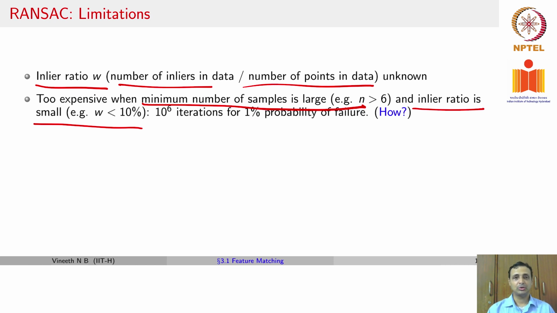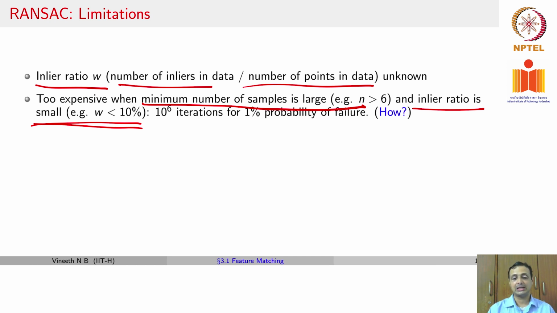Let's assume that your definition of a model is such that there are 12 free parameters, which means you need at least 6 correspondences to draw to learn each model. And then you need to check for how many of them lie within a particular epsilon distance of the correspondences, and so on and so forth. If your original inlier ratio itself was small in these images, then you could have a tough time.